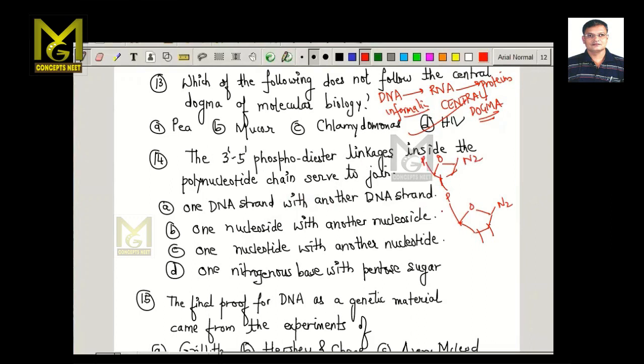So this is one nucleotide, this is the second nucleotide. The role of the phosphodiester linkage is that it connects the first nucleotide to the second nucleotide. And why is it a nucleotide? Because it has sugar, it has nitrogenous base, and it has phosphate. So the correct answer in this case has to be C.